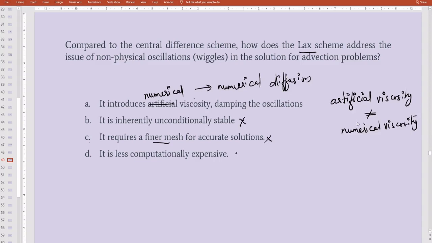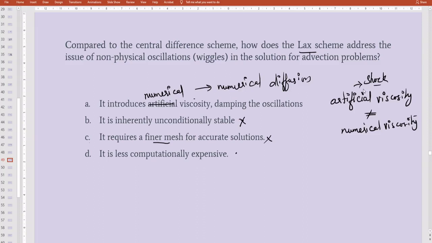It is used to solve problems that have physical discontinuities, something like shocks. In a shock, there is a physical discontinuity.